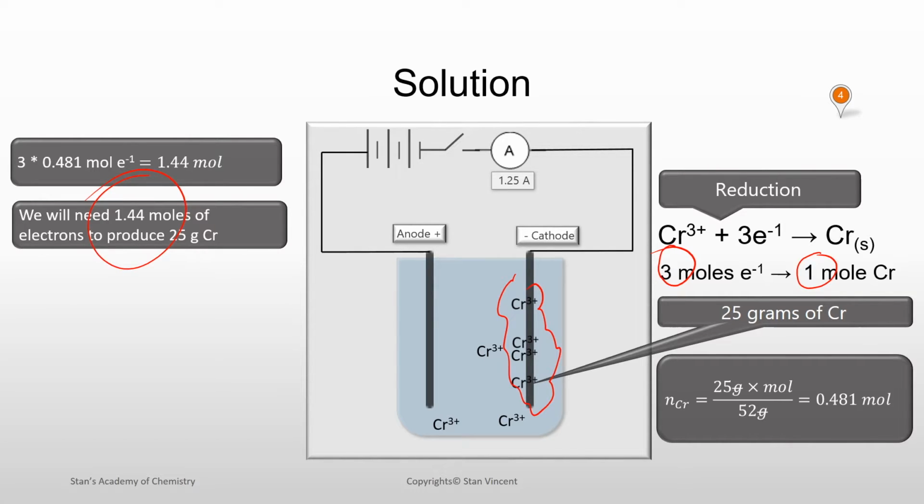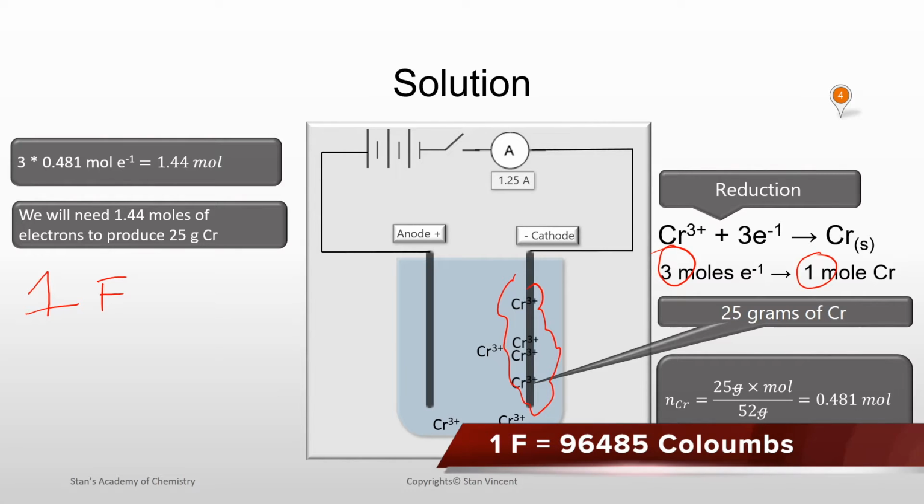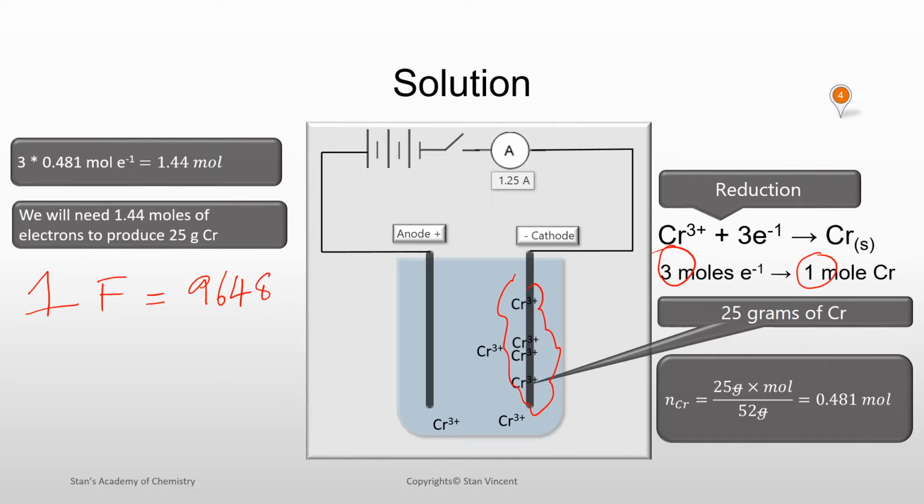Now that we have the number of moles of electrons required, we can calculate the total charge. Before we do that, we should recall the relationship: 1 Faraday is equal to 96,485 coulombs. 1 Faraday is the charge carried by 1 mole of electrons.